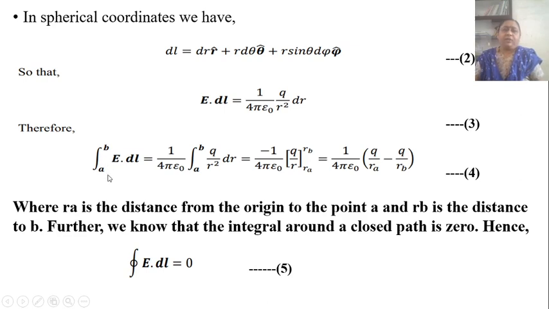Therefore integral from A to B of E dot dl equal to 1 upon 4 pi epsilon 0 integration from A to B q upon r square dr equal to minus 1 upon 4 pi epsilon 0 q upon r with limits r_A to r_B, equal to 1 upon 4 pi epsilon 0 times q upon r_A minus q upon r_B, where r_A is the distance from the origin to the point A and r_B is the distance to B. So we know that the integral around a closed path is 0.